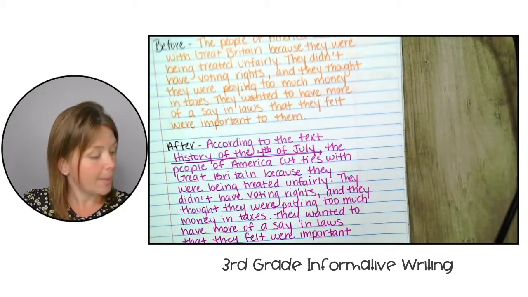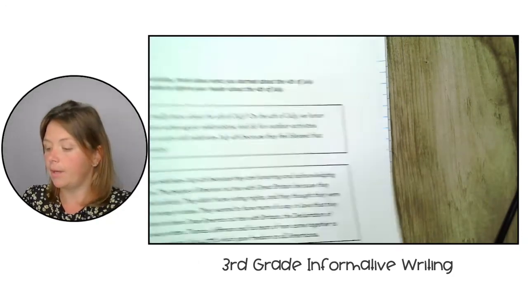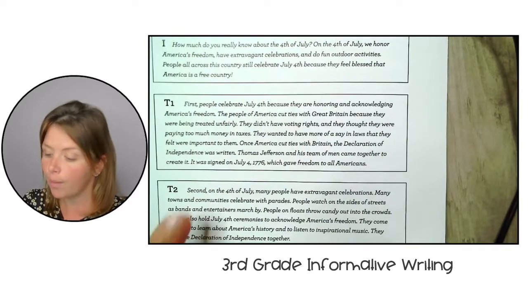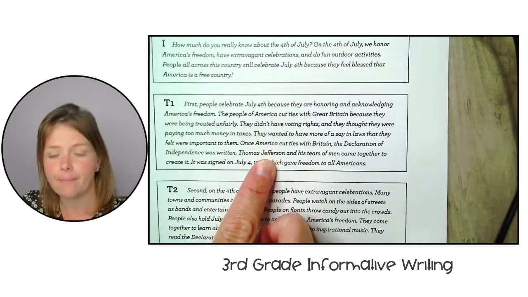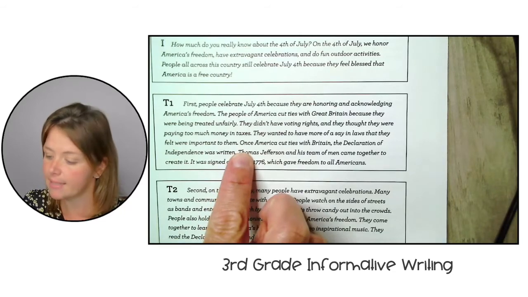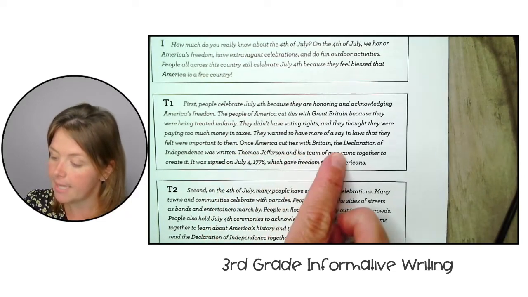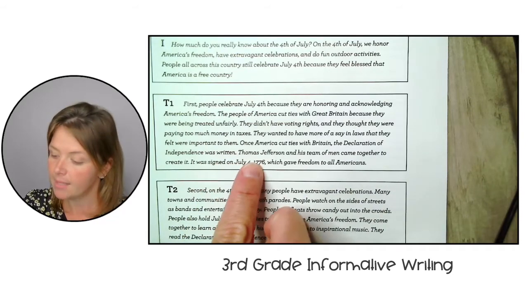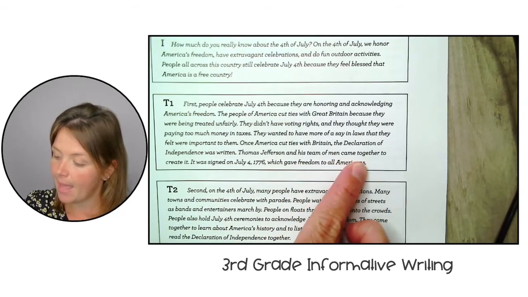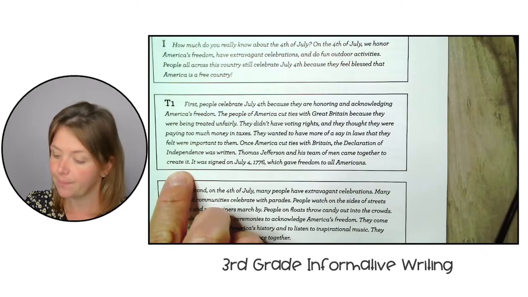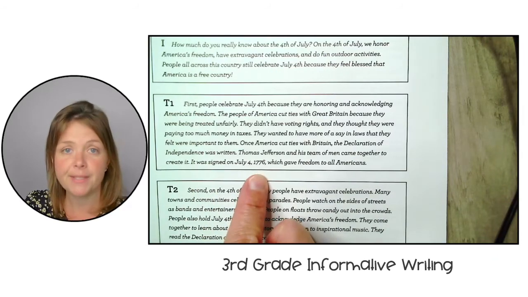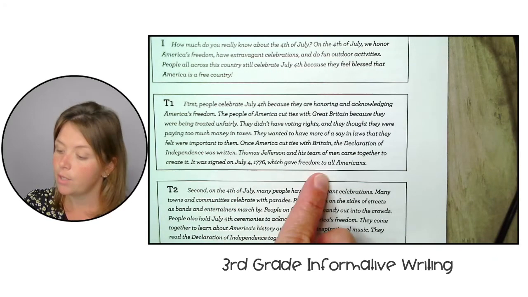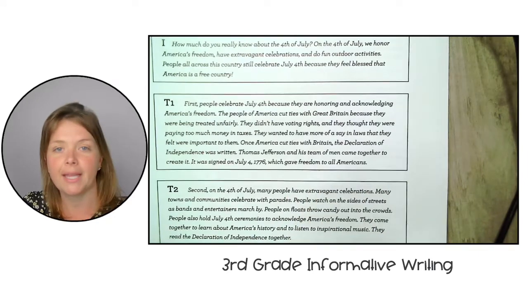Now, if we look back at our T1 paragraph, we also have a subtopic B. Our subtopic B says, once America cut ties with Britain, the Declaration of Independence was written. Thomas Jefferson and his team of men came together to create it. It was signed on July 4th, 1776, which gave freedom to all Americans.